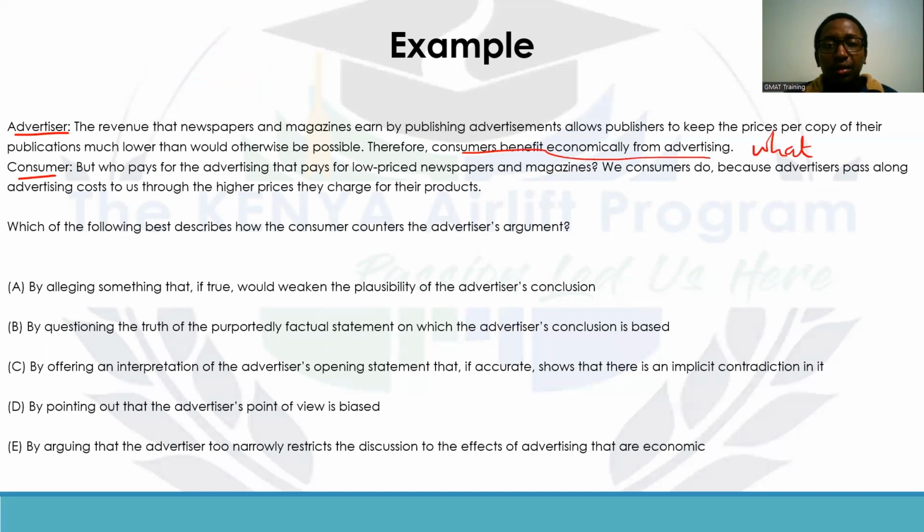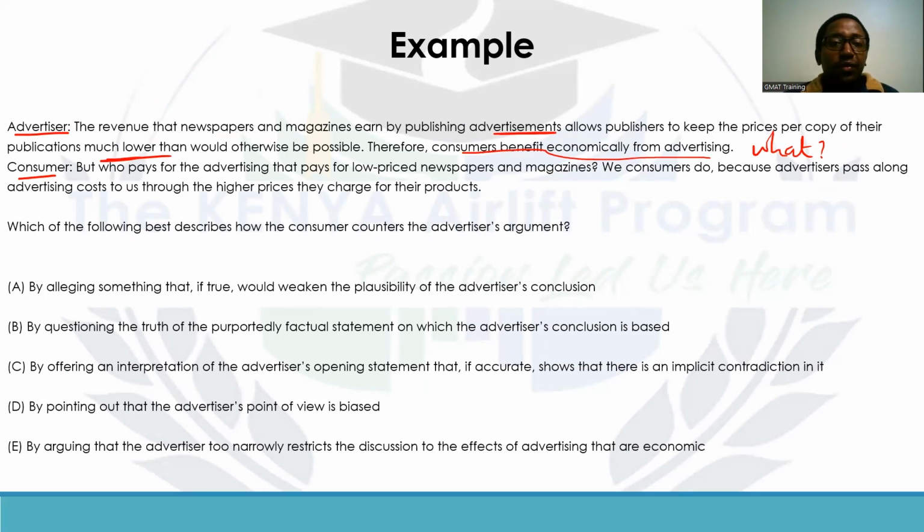We have our what, and then the how is that because of the advertisements, the advertisers pay the newspapers and magazines, hence they can afford to sell the newspapers or the magazines at a lower price to them.